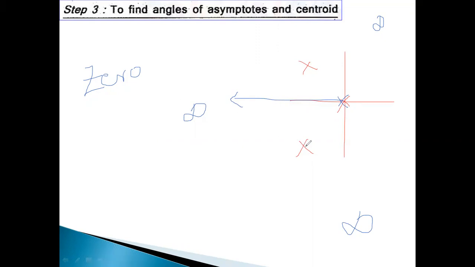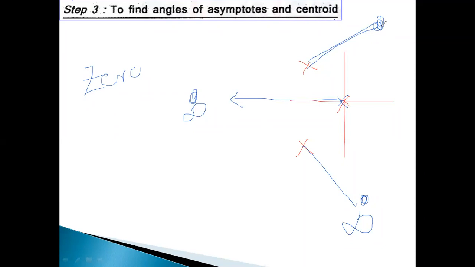So the root locus branch starts at open loop poles and finally ends at open loop zeros. Like that we have to draw the root locus. For that, this step is to find the angle of asymptotes. One zero is present at infinity, the other is present at infinity, and the other one is at infinity. So how does it travel from pole to zero?